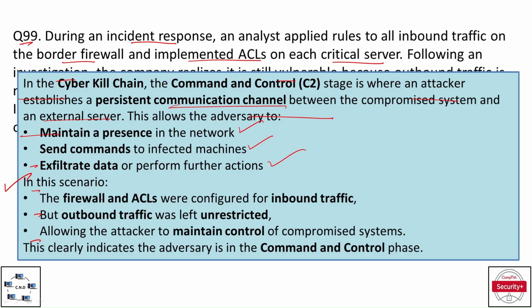In this scenario, the firewall and ACLs were configured for inbound traffic, but outbound traffic was left unrestricted, allowing the attacker to maintain control of compromised systems. This clearly indicates the adversary is in the command and control phase.